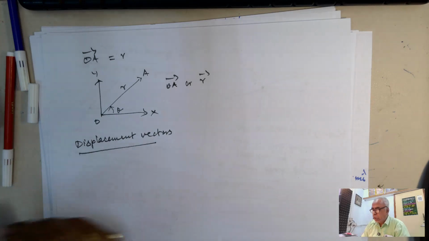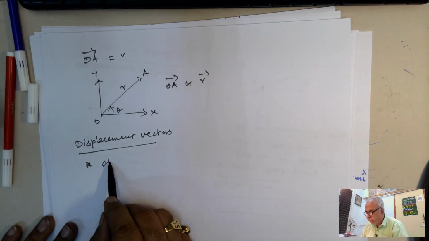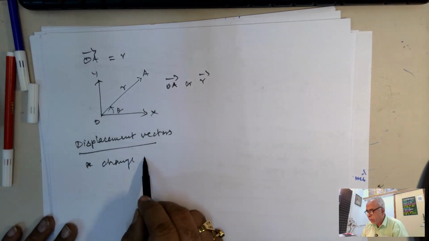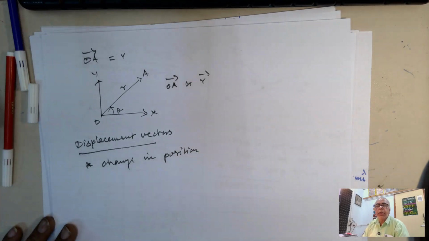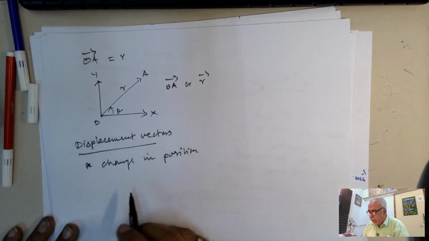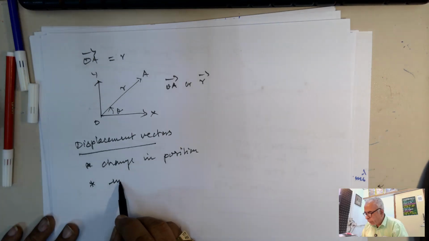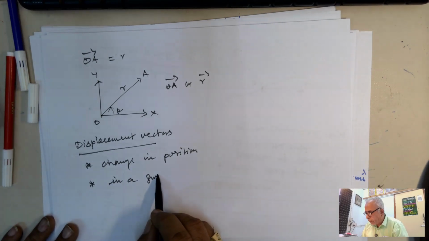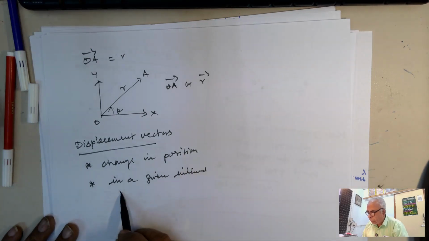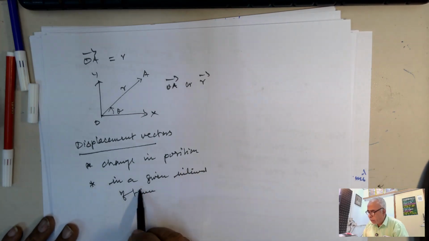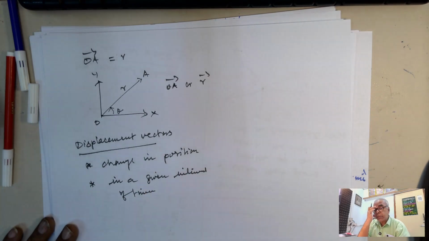So it means change of position. It describes the change in position in a given interval of time. Okay. So such type of vectors are called displacement vectors.